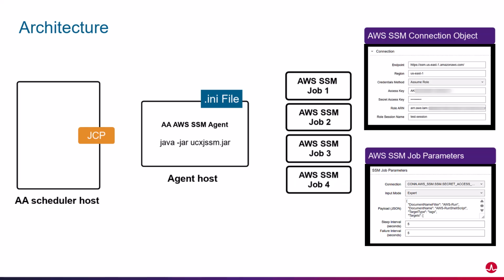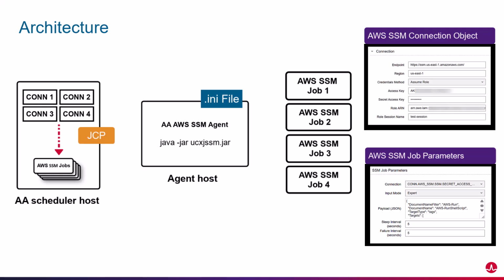We create a connection object in Automic Automation for each instance by duplicating the con template for each of these instances. Lastly, we create an AWS SSM job in Automic Automation for each corresponding process in AWS SSM. The Automic Automation jobs include the connection object based on the target system.